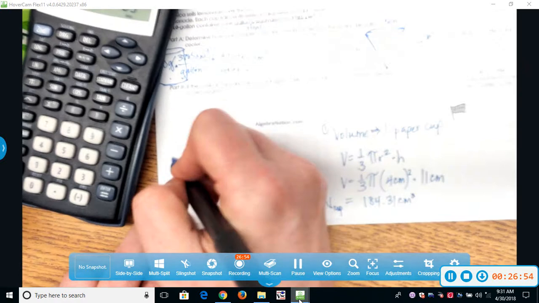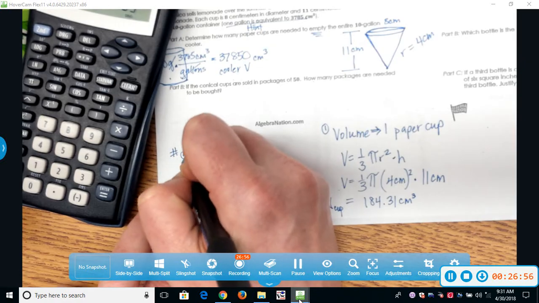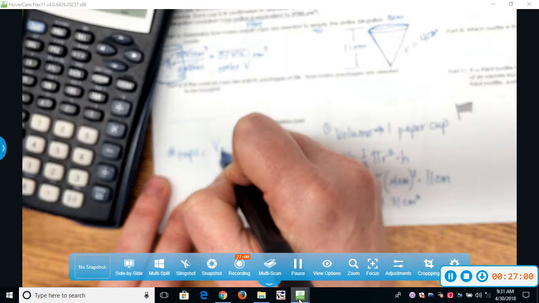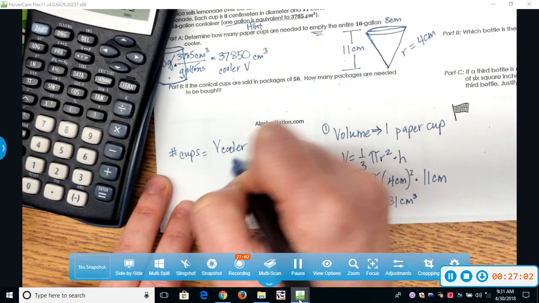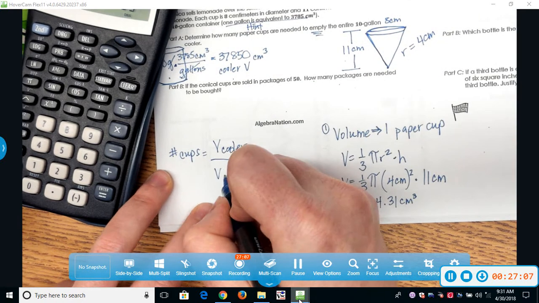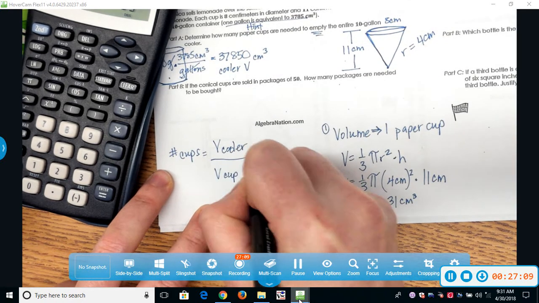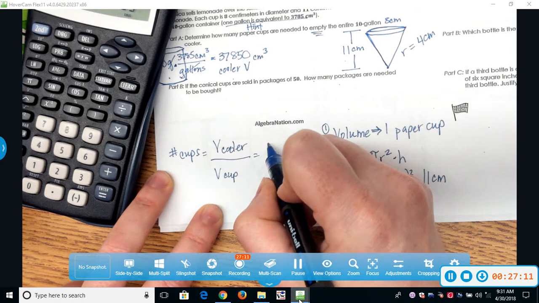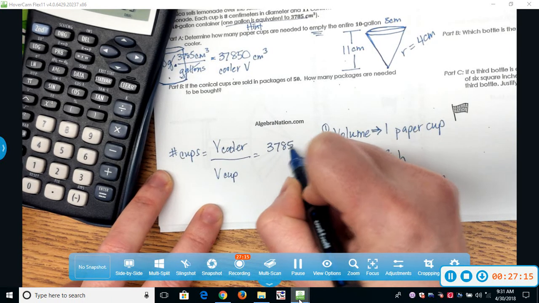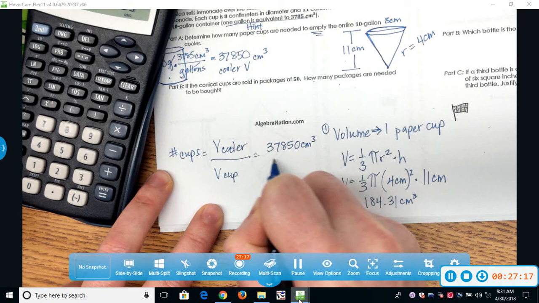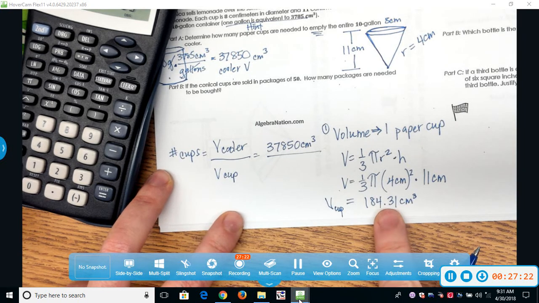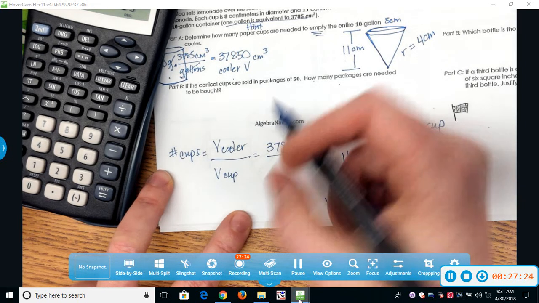All right, so to determine the number of cups, I'm going to take the volume of the cooler and divide by the volume of 1 cup. So the cooler has 37,850 centimeters cubed. And I'm going to divide by 1 cup.